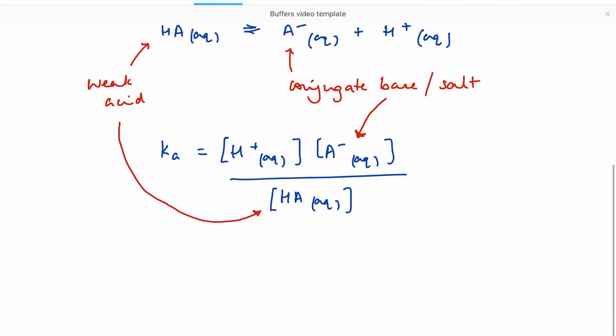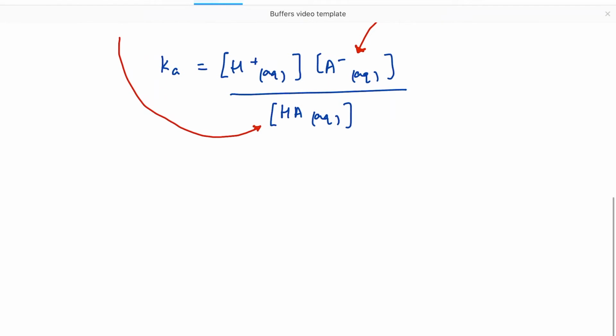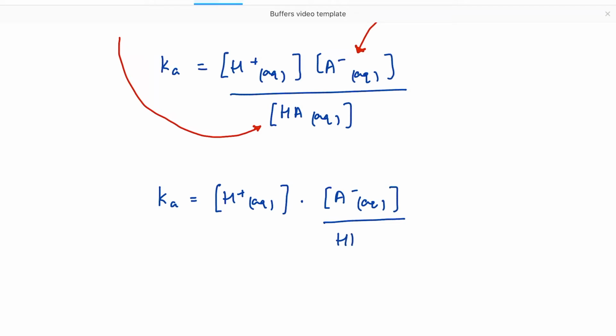I can further rearrange this equation. So Ka, if I separate out the right-hand side to form my hydrogen ion concentration, multiplied by my anion concentration, i.e. the concentration of the salt, over the concentration of the acid.